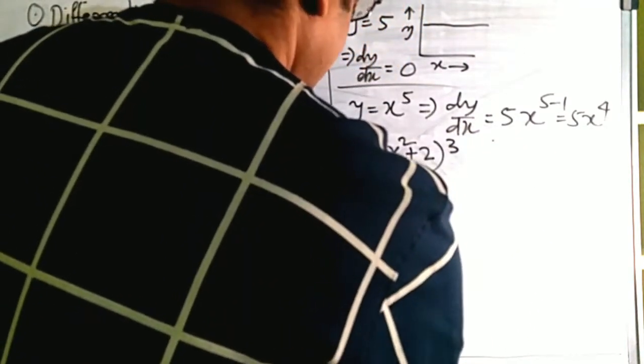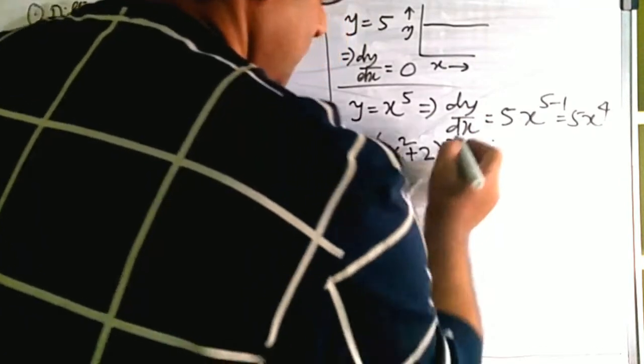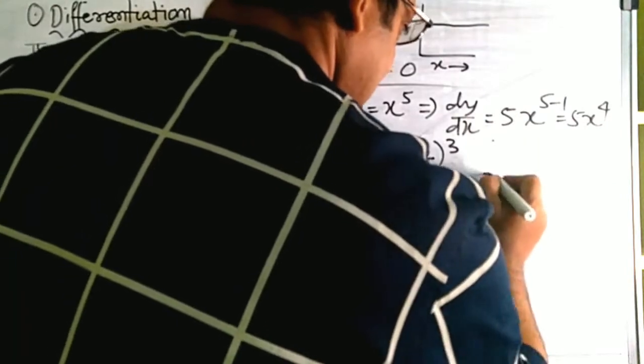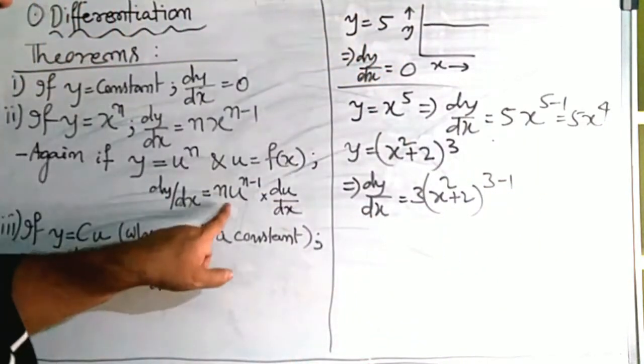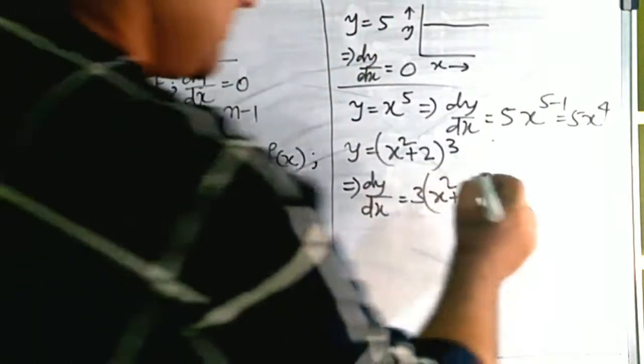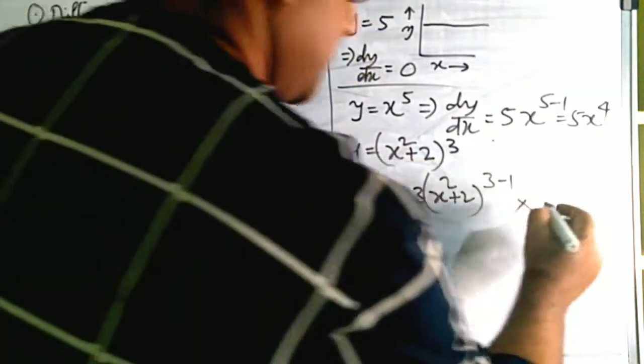Let me write it here. That implies dy by dx is equal to n u to the power n minus 1 multiplied by du by dx. So d by dx of x square plus 2.